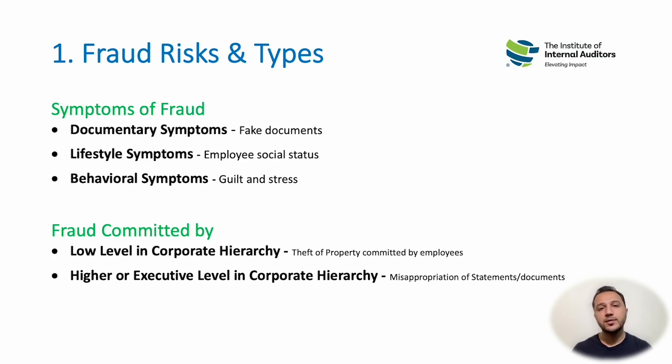High level executives manipulate the financial information of the company. Misappropriation of assets might happen at the very top, but at an executive level, the executives are more concerned about the financials of the company.